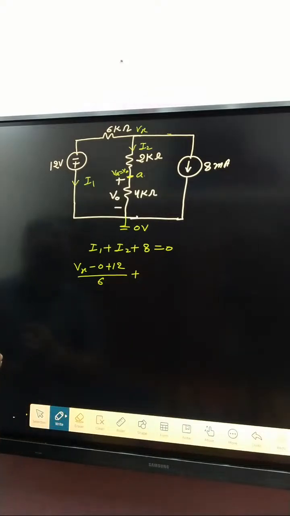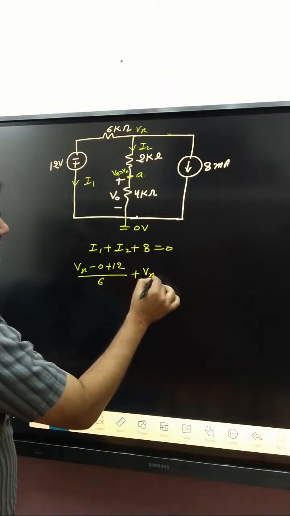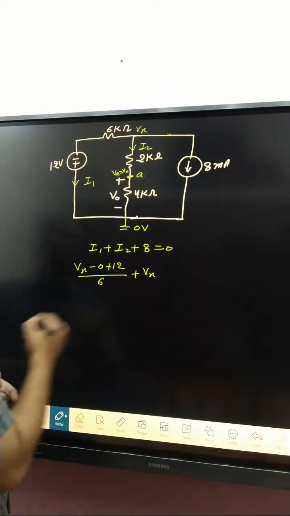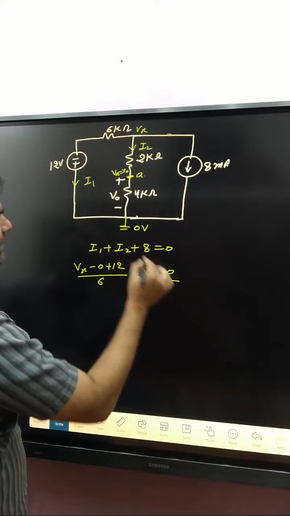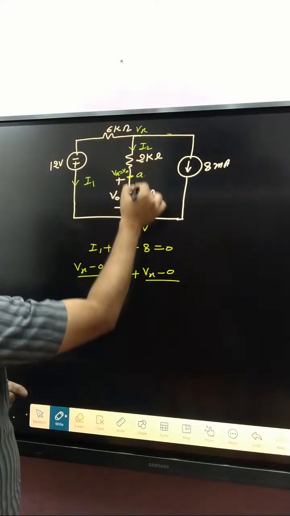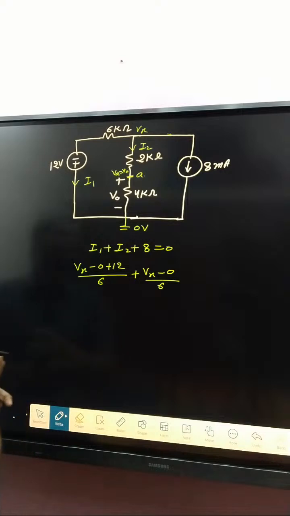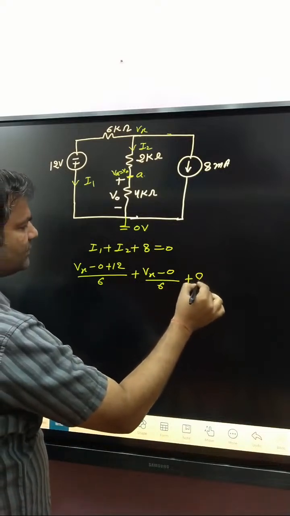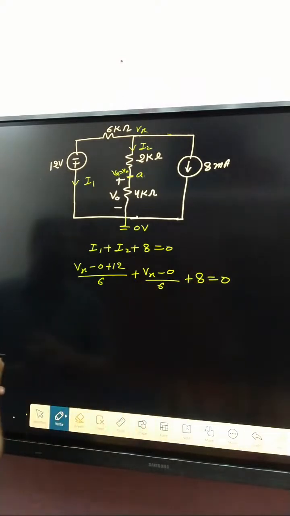What about I2? I2 is written Vx minus 0 divided by how much? 2 plus 4, that is 6.